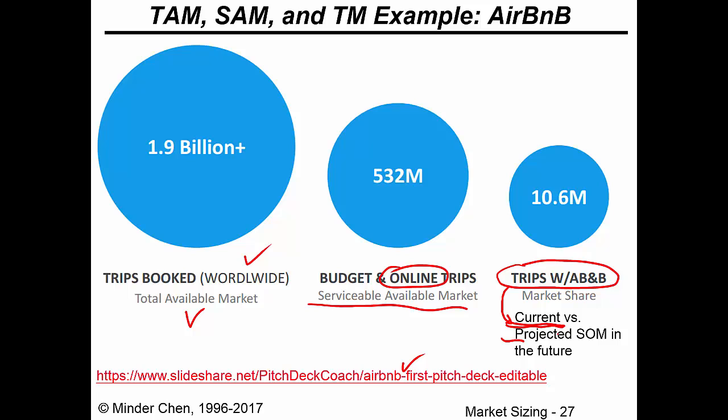But anyway, Airbnb put it here as trips with Airbnb is about 10 million. Okay, most likely I think this is the current SOM, and certainly they aspire to grow that market to grab a higher percentage of that budget and online trips segment.